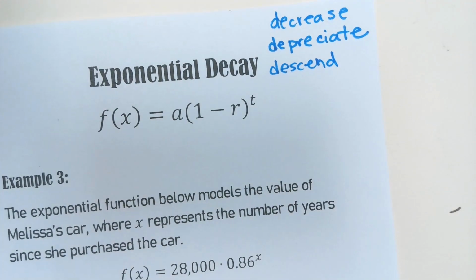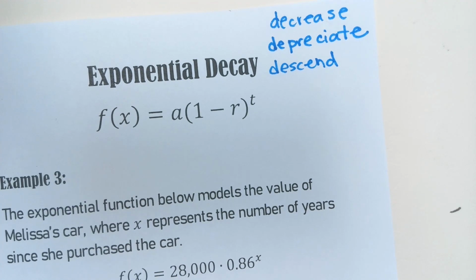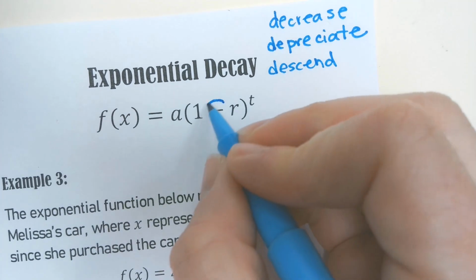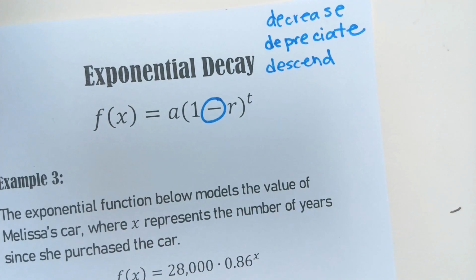Those are words that you may see. Notice that on this one, it's 1 minus the rate. So it's going to be below 1.